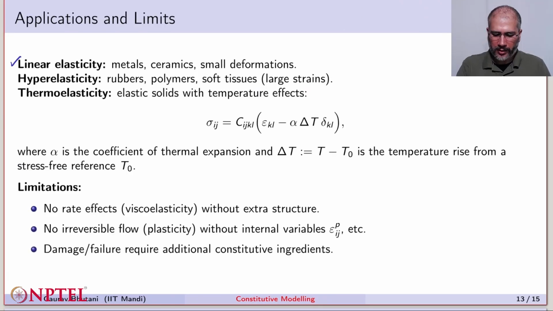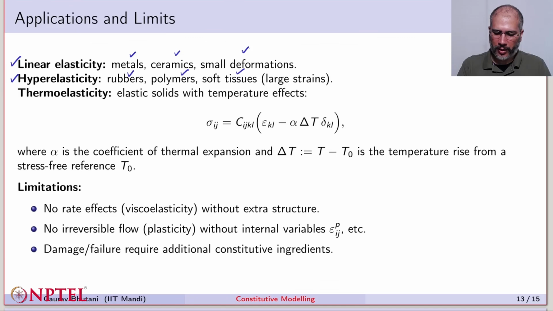So we talked about linear elastic materials, where we see metals, ceramics, and in general small deformation situations for many materials. And then we talked about hyperelastic materials, which are typically used for rubbers, polymers, and soft tissues for large strains or finite deformations.